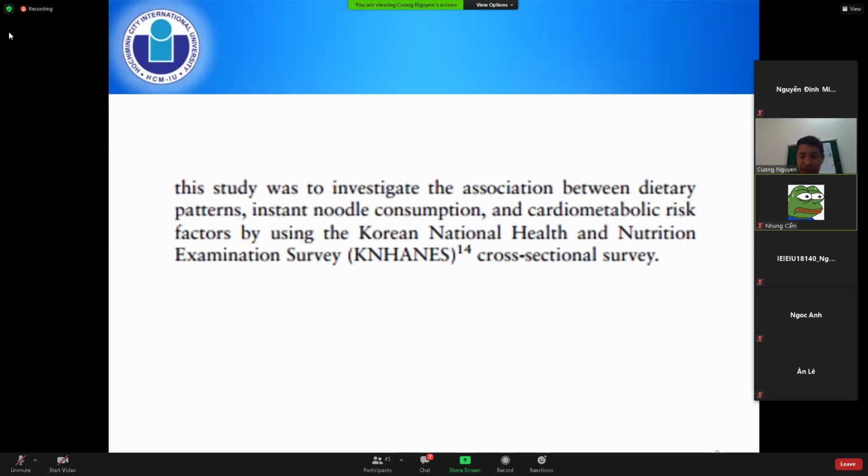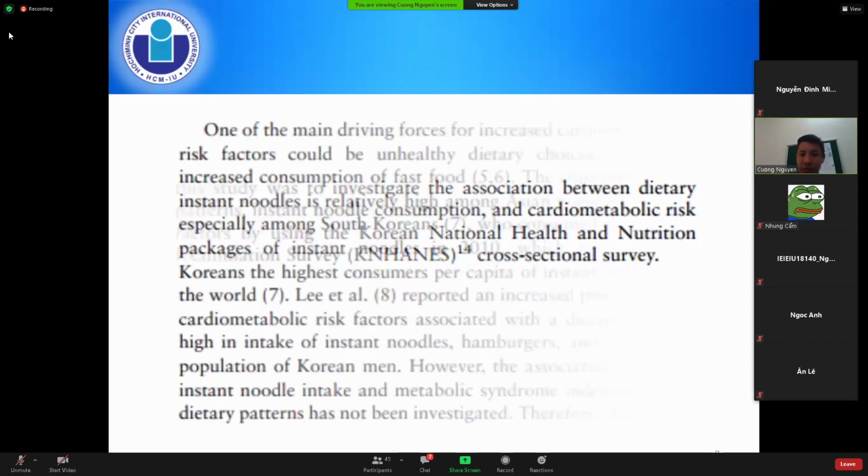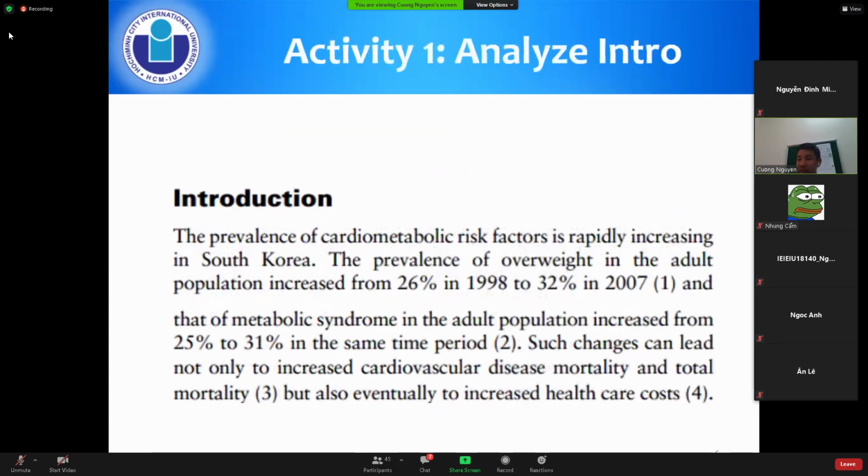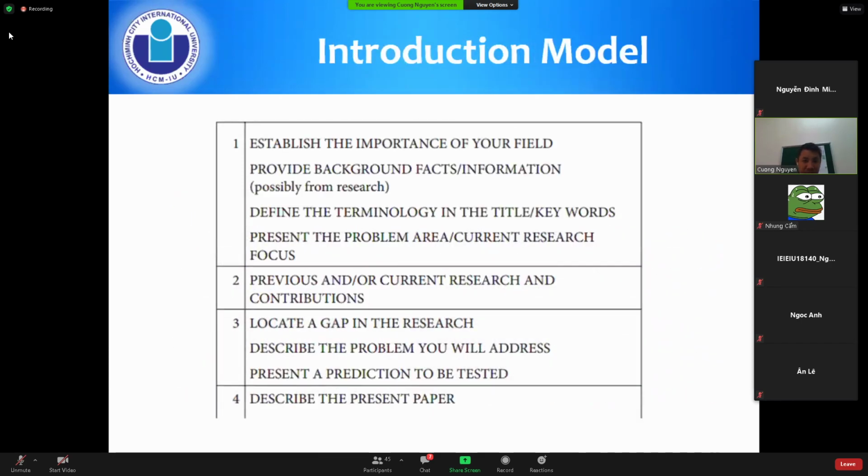Okay, that's great. This is a very interesting study, folks, in nutrition studies. So let's analyze it one by one. Let's look at the model. Let's assume that we've got four main components in this introduction model.